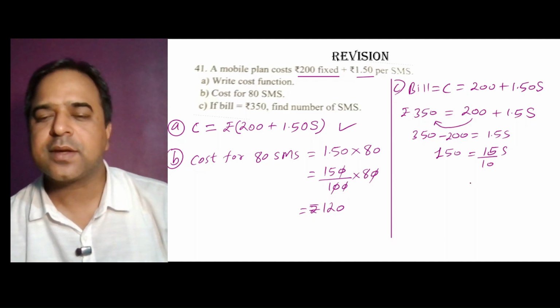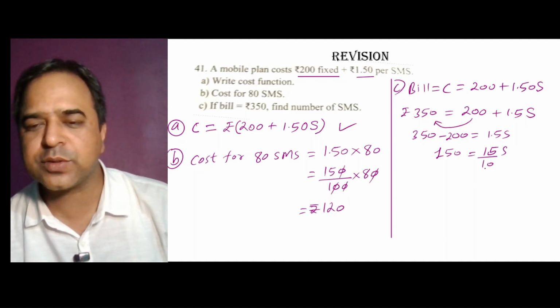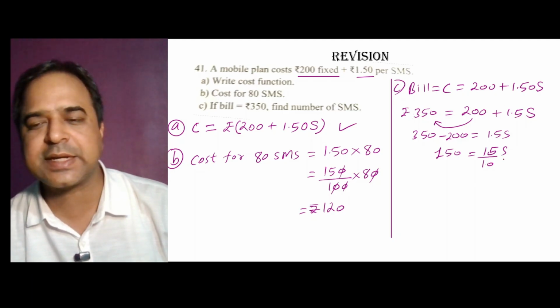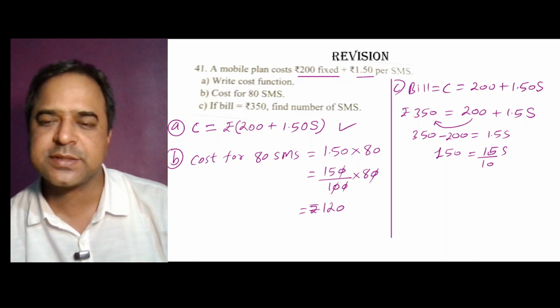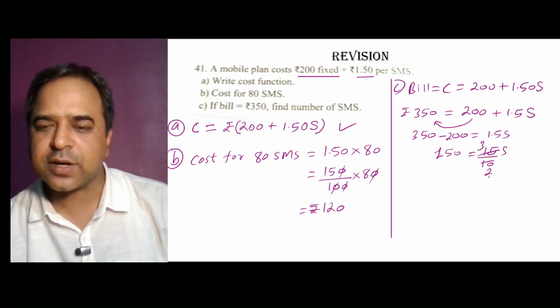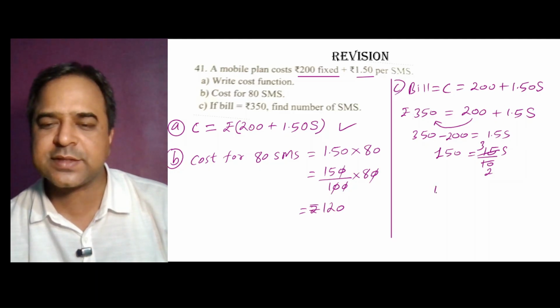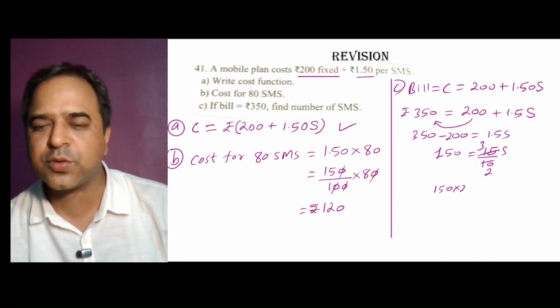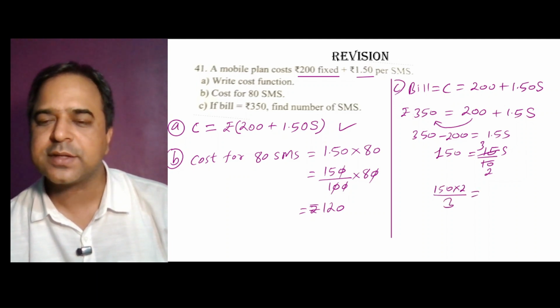Okay. Here, now you know that we will be solving for S, which is for SMS. You can cancel this, 5 times 3 and 5 times 2. So now this 2 will go and multiply with this. So 150 into 2, and this 3 will come in the denominator. So these are the number of SMS.